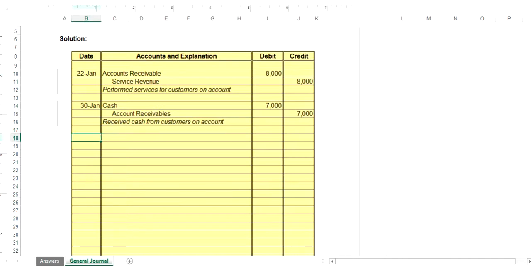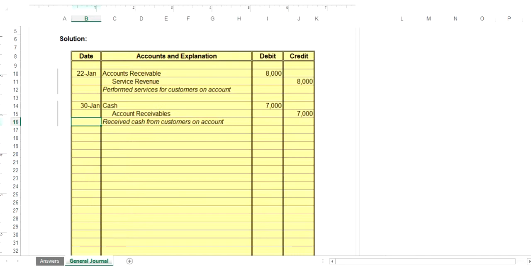Really, the key fact to know when you're journalizing is to be familiar with your accounts and what type of account each one is, because you're going to need to know, well, should I debit cash or should I credit cash? Should I debit accounts receivable or should I credit accounts receivable? You have to know what type of account it is. Is it an asset? Is it a liability? Is it an equity account? So remember, cash and accounts receivable are both asset accounts.